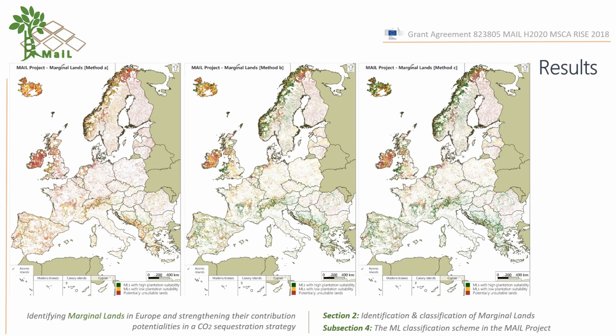In this slide, we can see how the distribution of the three marginal land categories changes depending on the method used. For example, in method A, there are more areas classified as potential unsustainable lands than in method C, where there are more areas with the category of marginal land with high plantation sustainability. In conclusion, there is no optimal methodology to classify these three types of marginal land.